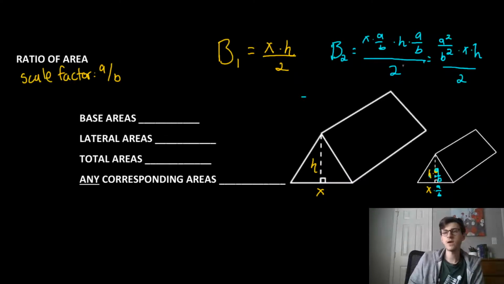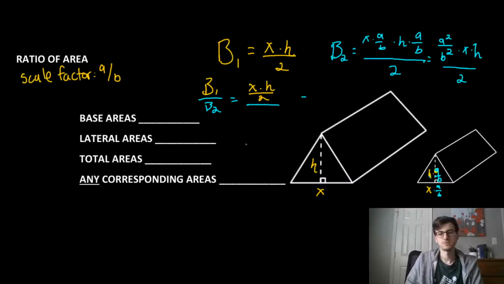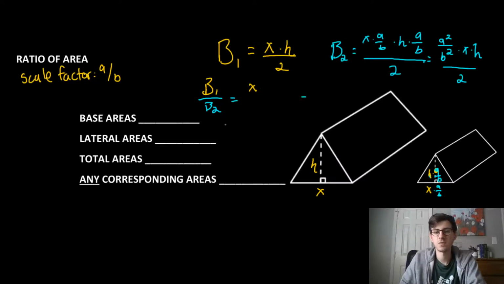And so let's compare these two bases. If we were to create a ratio between base 1 and base 2, base 1 over base 2 would be X times H over 2 over, well, we really want to say that this is base 2 over base 1, because remember the scale ratio is the opposite of the scale factor, so sorry about that.